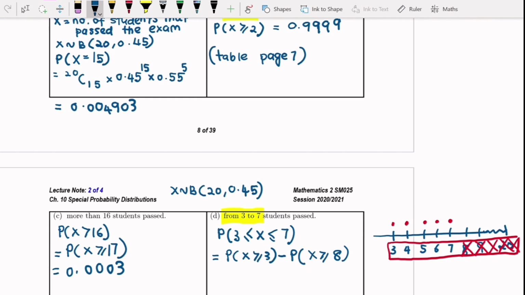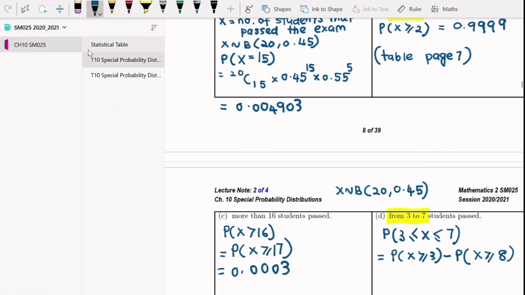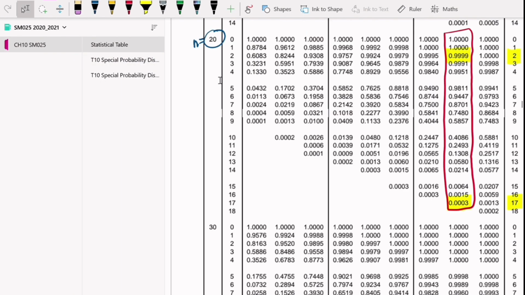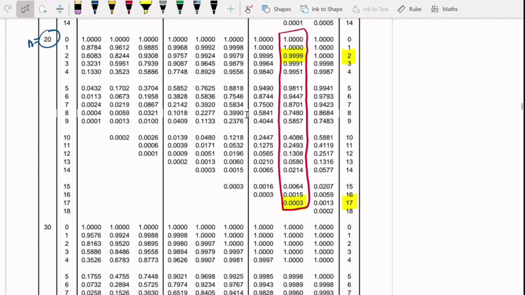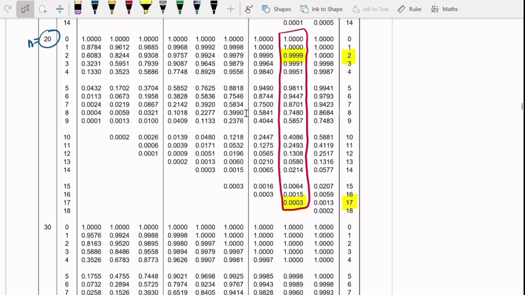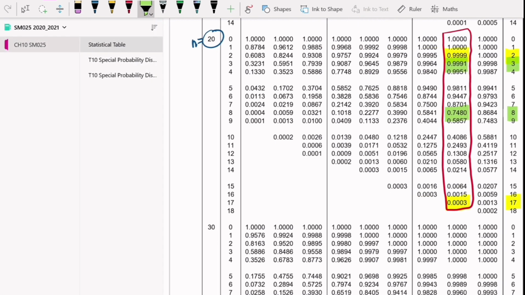So let's look at our table with n equals 20, p equals 0.45. We need to find probability x greater than or equal to 3, which is 0.9991, and probability x greater than or equal to 8, which is 0.7480.